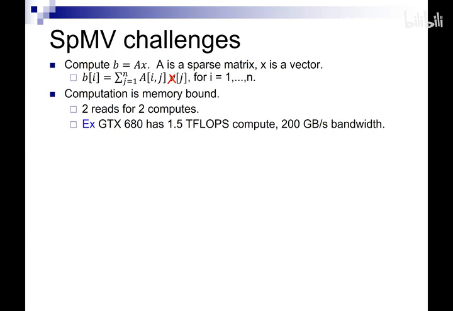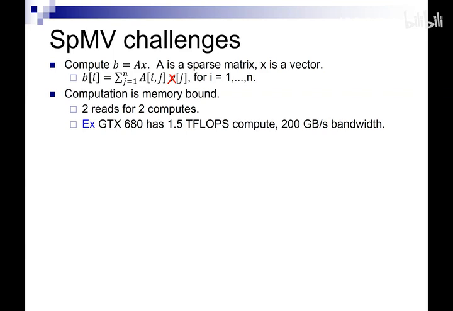Then you multiply them, which is an arithmetic operation, and add that to your running sum, which is also arithmetic. So we're doing 2 computes, the multiply and the add, for every 2 memory operations. That means this computation is very much memory bound, because usually we want to do many computations for each memory operation, and here you're doing basically one computation per memory operation.